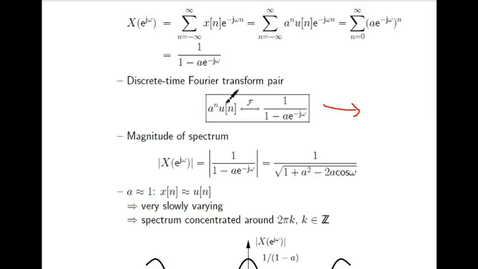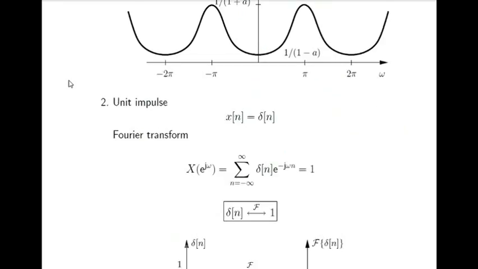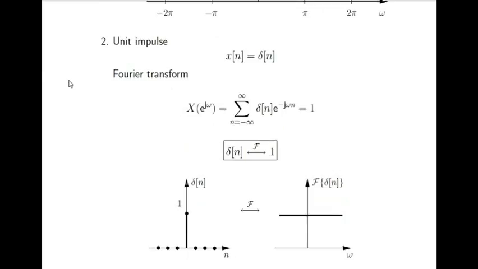This expression will appear, and you need not solve it because you already know its Fourier transform, so you can easily write it. This will help you reduce time in your problem solving. So now let's see the second example, which is a unit impulse.